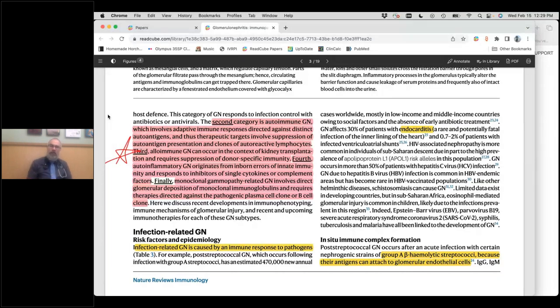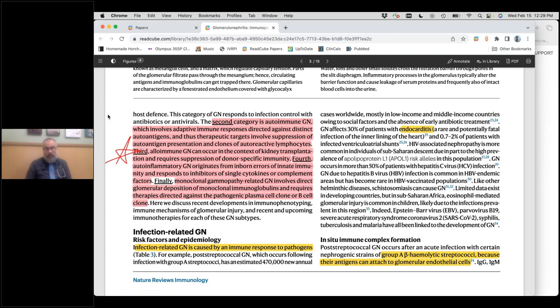The third one, which we don't see obviously very commonly at all in dogs, maybe rarely, we'd really have to pull those cases, is alloimmune GN, which is where we have a kidney transplant scenario, and there is a mismatch between donor immunity and recipient immunity against the donor tissue, and much less commonly the opposite, graft versus host.